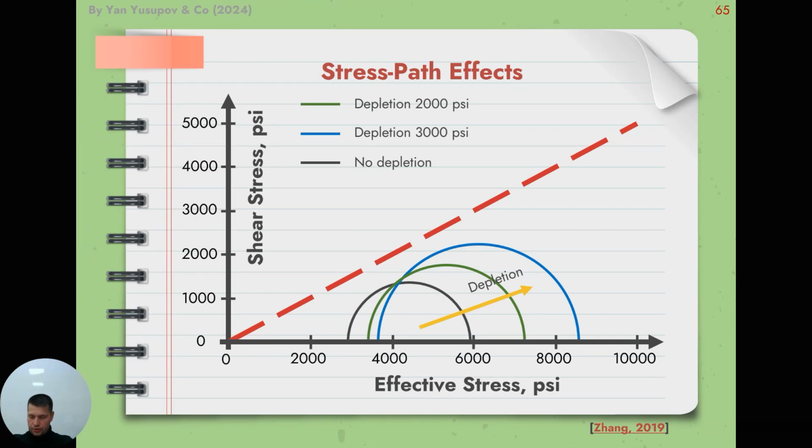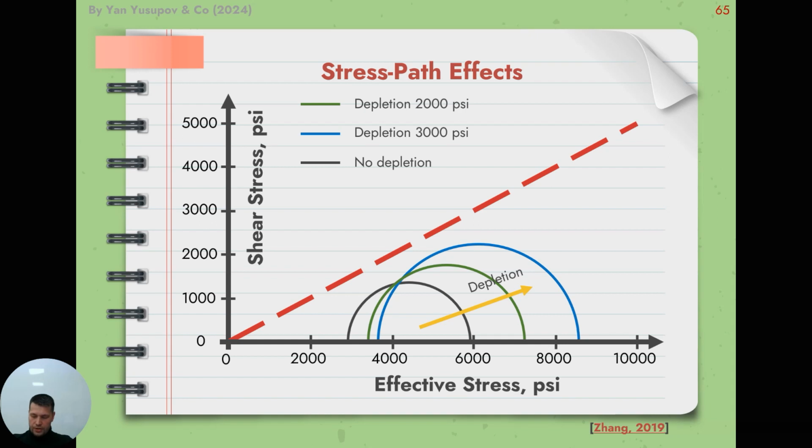The Mohr circle plots are useful to represent the depletion effect on the reservoir rock and for demonstrating how stress changes in the reservoir during its production history. As described in the previous section, the minimum horizontal stress decreases as the reservoir depletion increases.